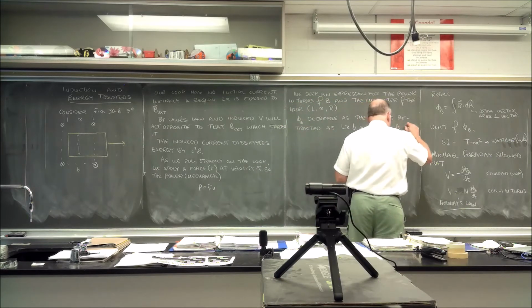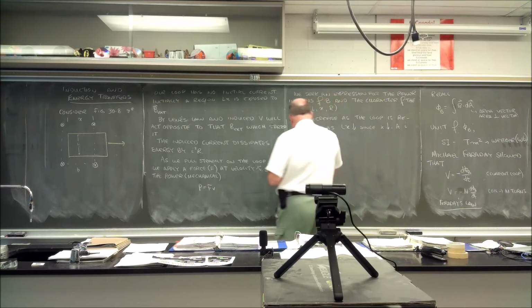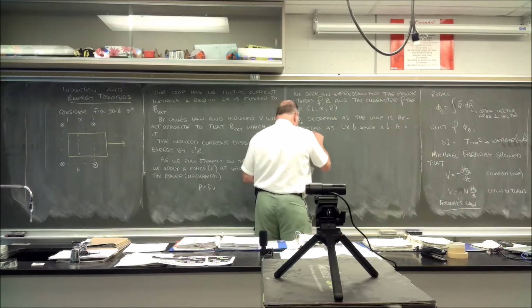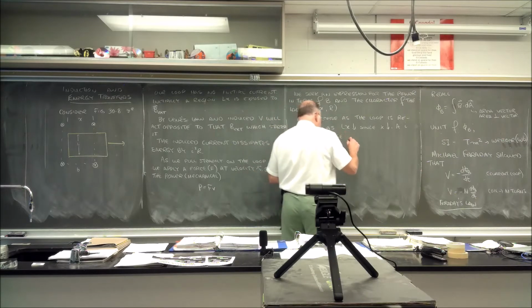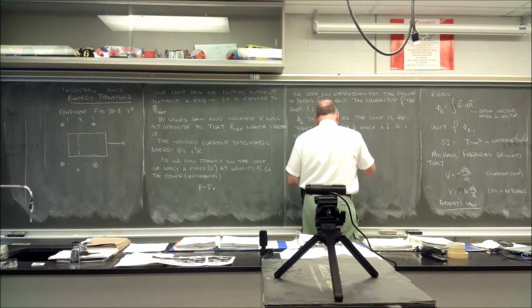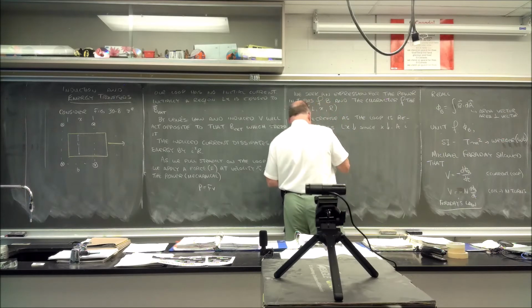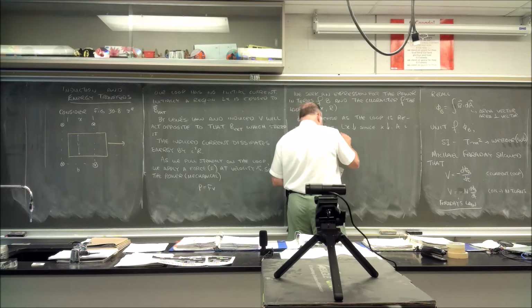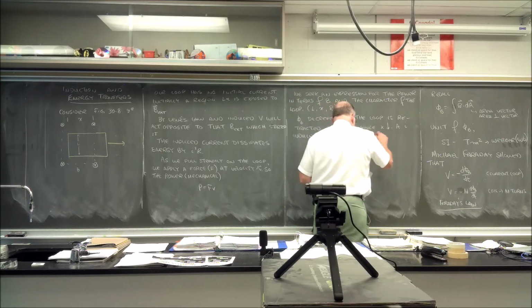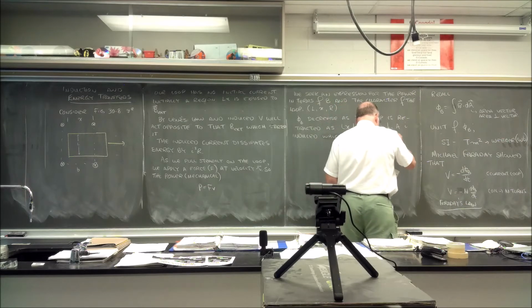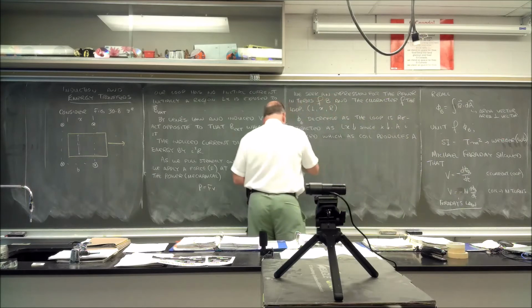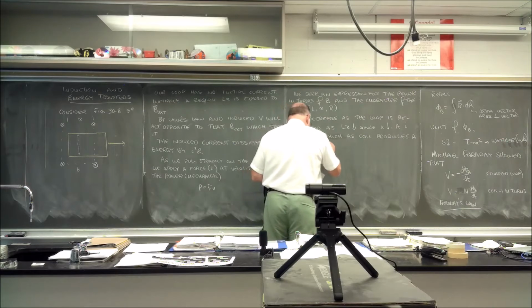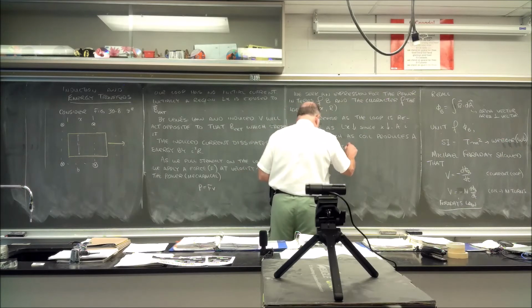A current is induced whose induced field, as a coil, produces a magnetic field opposing the external field. So I've said the same thing 3 times, so it should be good enough.